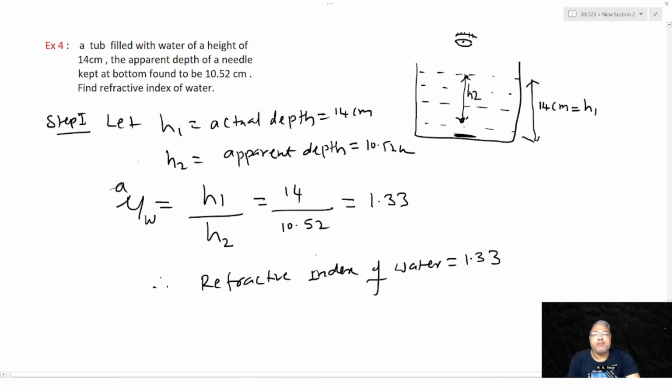In the previous example as well as this example, we use the word water, but it is equally valid for every other transparent liquid, any liquid through which you can see and light can pass. For all liquids, this formula is applicable. Water is a very common liquid, therefore in many examples you will find water, but not necessarily water. There can be any other liquid.